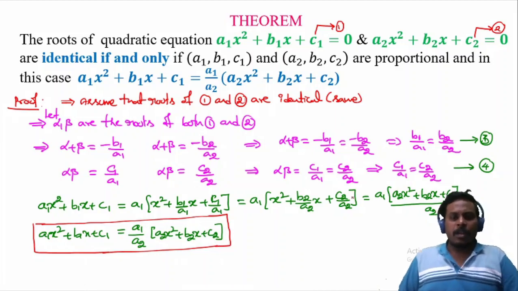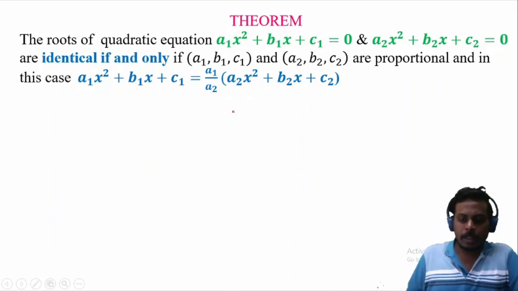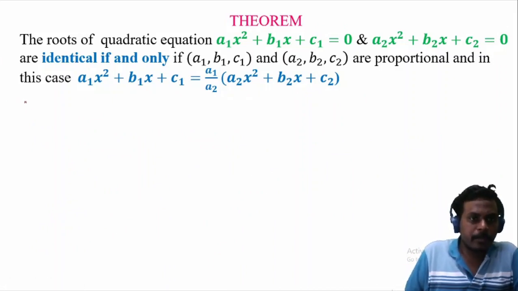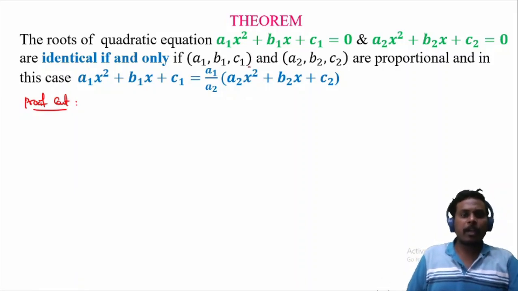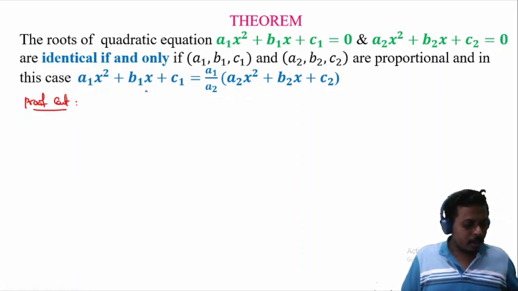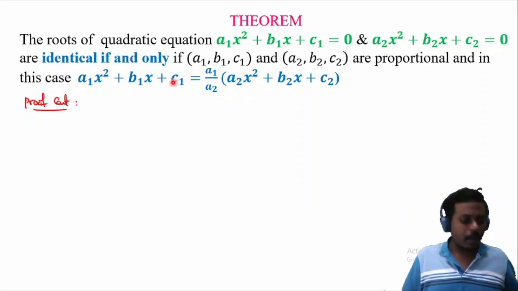Now, the proof is continued here. Okay. Now, what we have to prove here is if the two quadratic equations are related like this, that means the coefficients are proportional, what I have to prove is the roots of these two quadratic equations are identical or same.